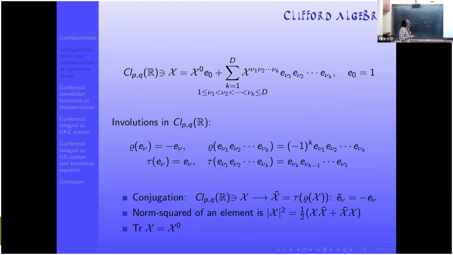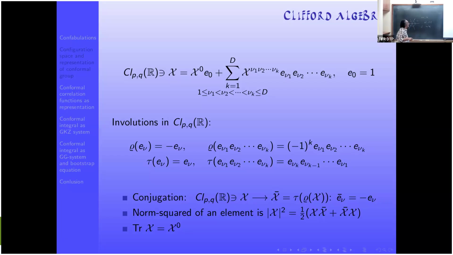There are three involutions in this Clifford algebra actually. One is simply changing the sign of the E's. One is in a pattern like this, transpose. So E nu 1 to nu k goes to nu k to nu 1. And their combinations can be used. So first a reversion, this is called inversion or reversion sometimes in this literature, and then take a transpose.